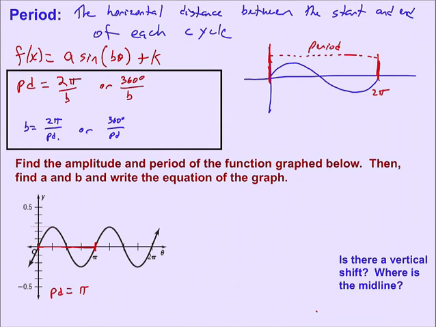which means if we are going to figure out what that b is in the equation, because the directions tell us to write the equation of the graph, we can say that b is equal to 2 pi over the period, which we can simplify to 2. So our b is equal to 2.